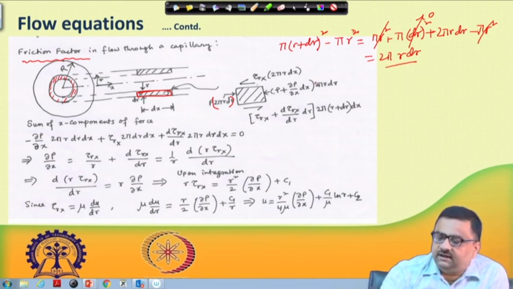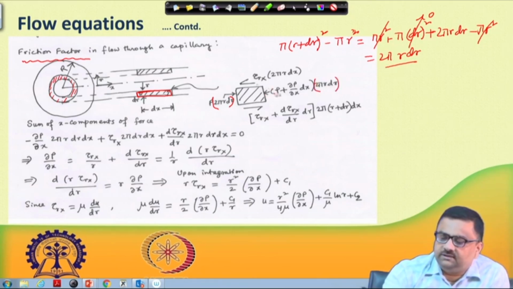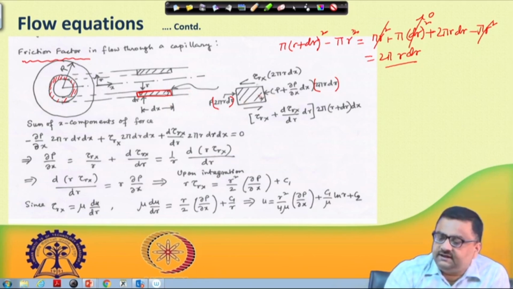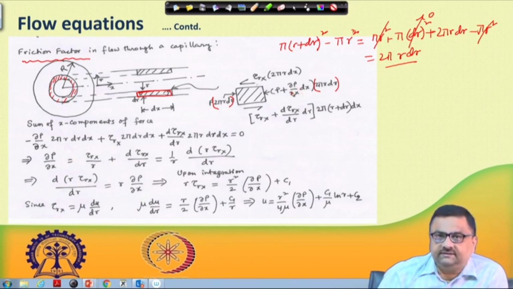And from the other side, once again the area is 2 pi r dr, but here the pressure is changing with x. The pressure has to change with x because we are expecting a pressure drop because of friction. So, on this side the pressure is P plus del P del x dx.